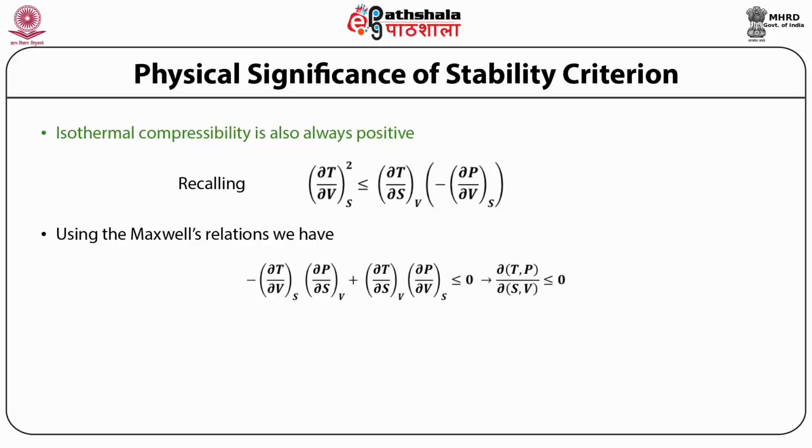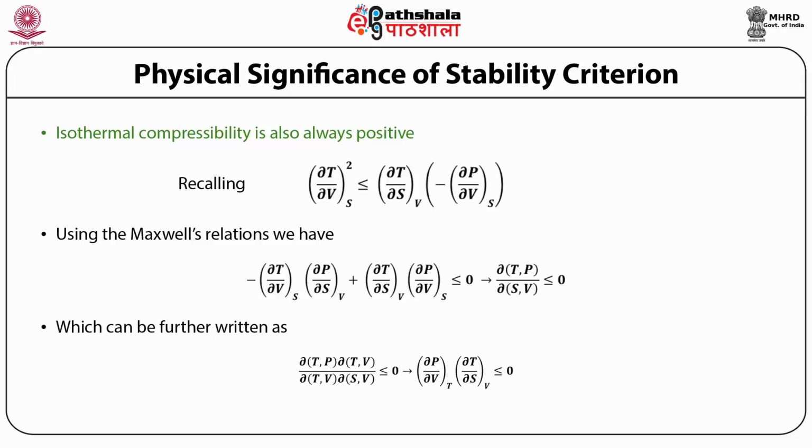in Jacobian terms, which can be further written as ∂(T,P)/∂(T,V) divided by ∂(S,V)/∂(T,V) less than or equal to 0, which implies (∂P/∂V) at constant temperature multiplied by (∂T/∂S) at constant volume is less than or equal to 0.